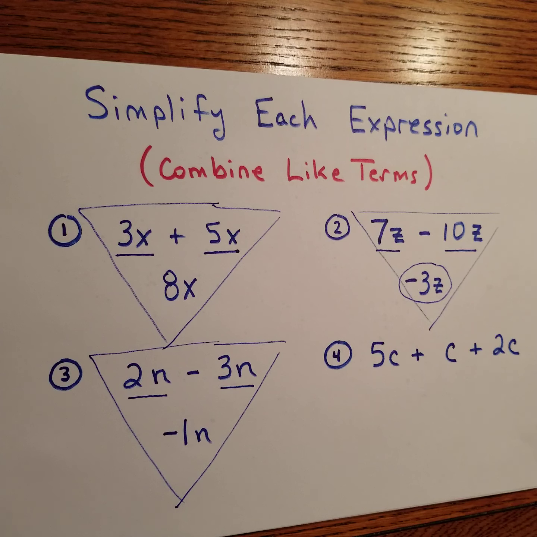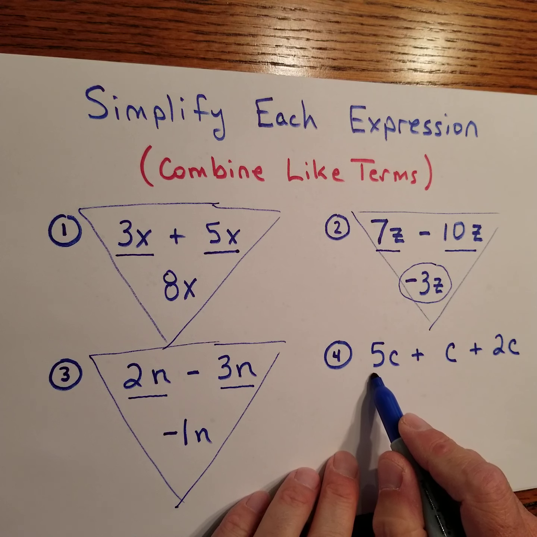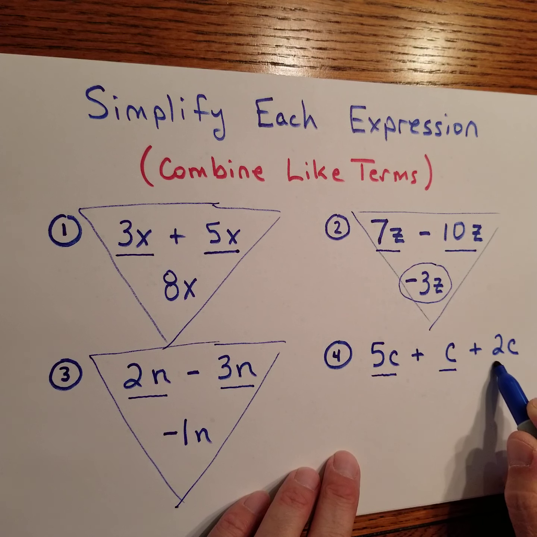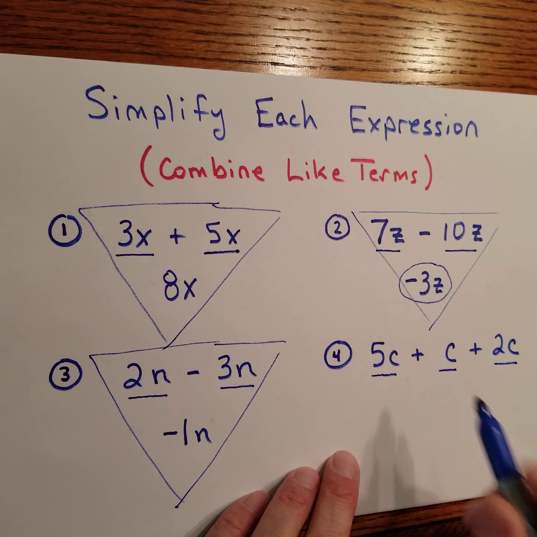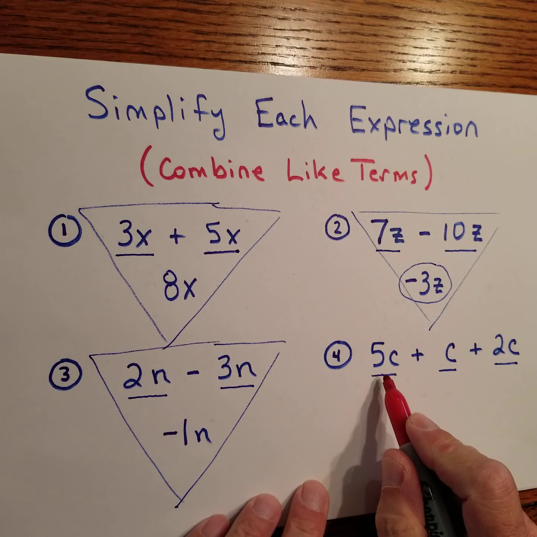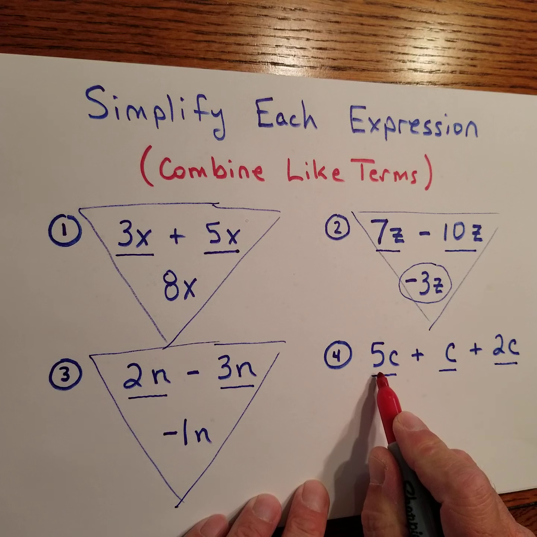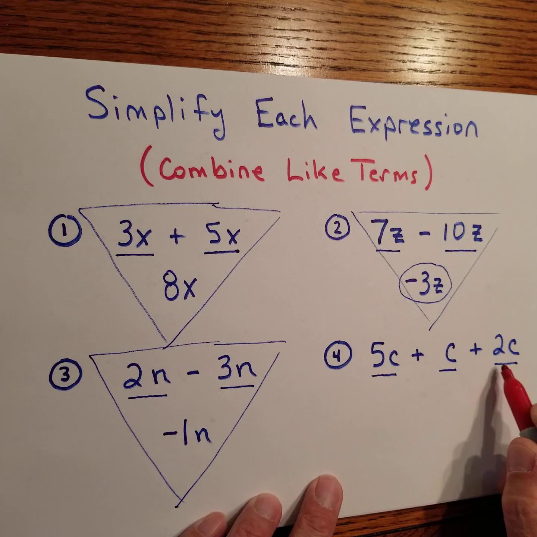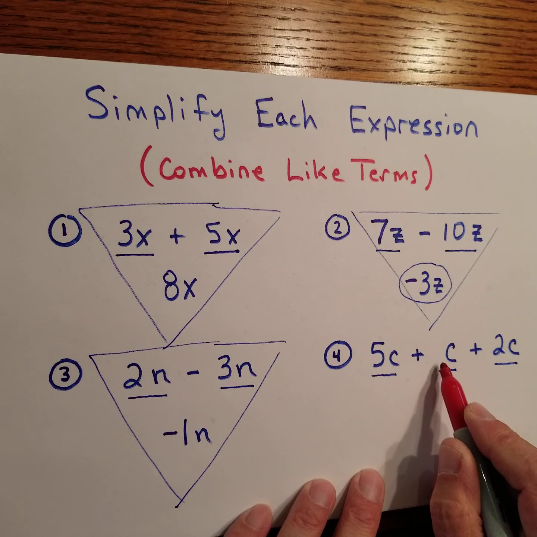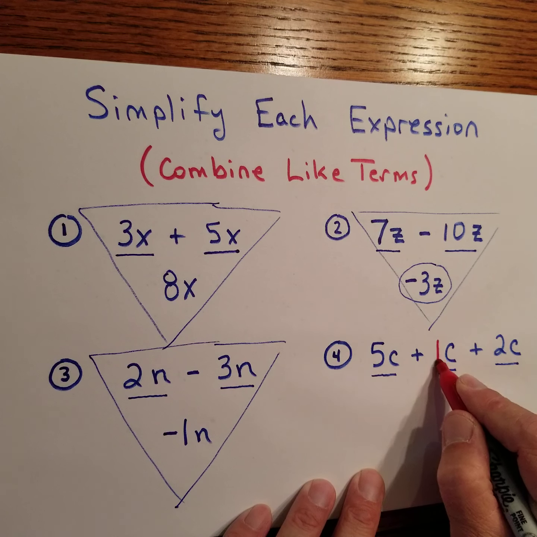Number 4 has 3 terms. 5c is a term, c is a term, 2c is a term, all tied together with addition. Now this term has a 5 as the coefficient. This term has a 2 as the coefficient. When a term doesn't have a number out front, it's understood to be a 1.